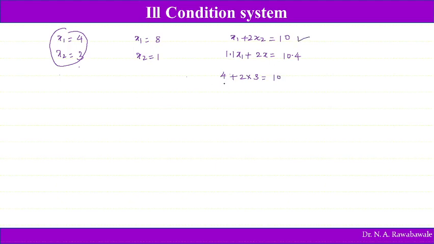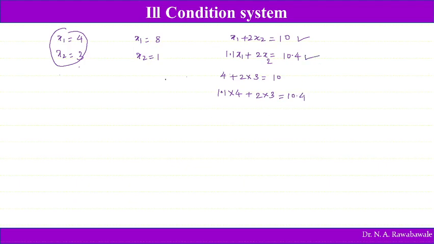Now if we substitute values of x1 x2 in second equation, 1.1 into 4 plus 2 into 3, so this is 4.4 plus 6, that is 10.4. So first set of answers, that is 4 and 3, satisfies first and second equation.